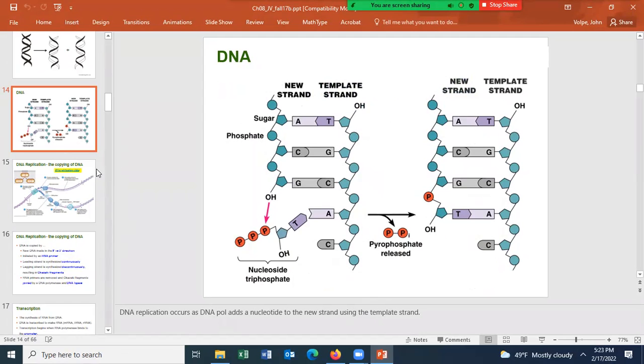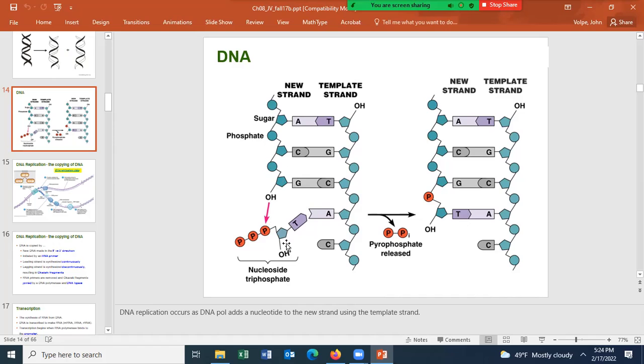So when the nucleotide is added, it's added as a triphosphate, and the DNA polymerase adds the correct nucleotide to the template strand, and then it links this phosphate to this sugar group here.